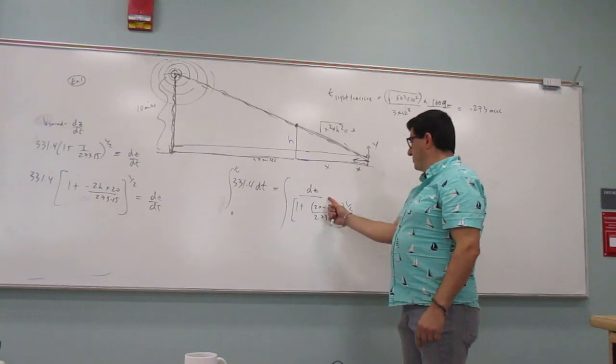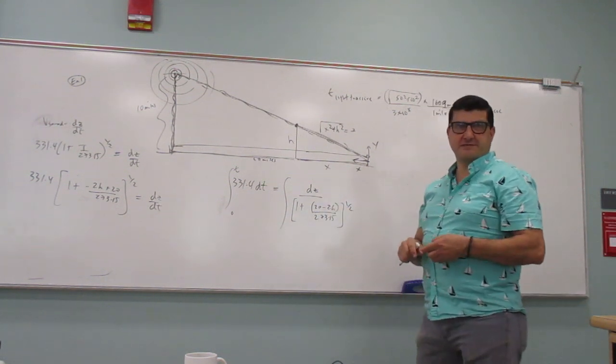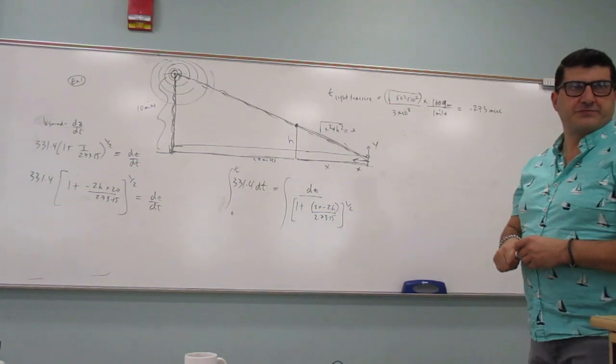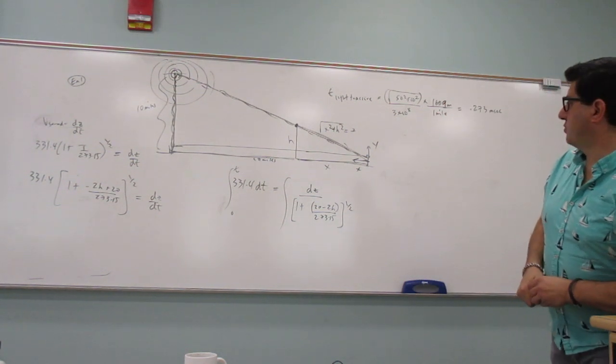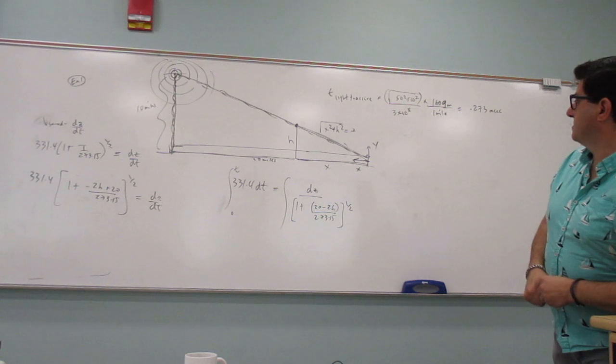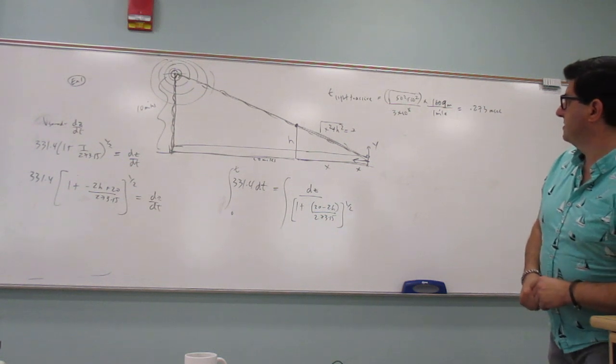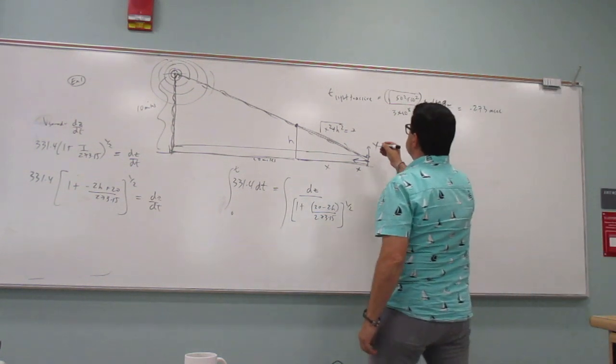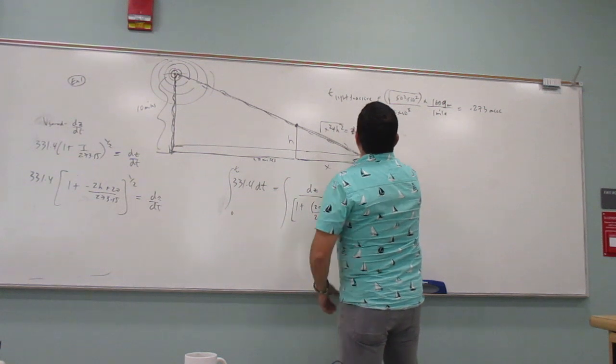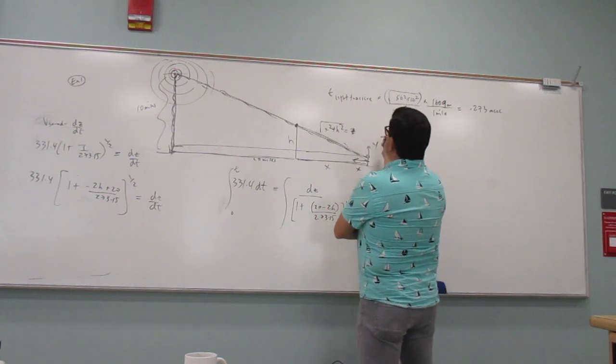Because these two variables are different. See that? So how would I do that? Let's see, dz, if I do dz dt.